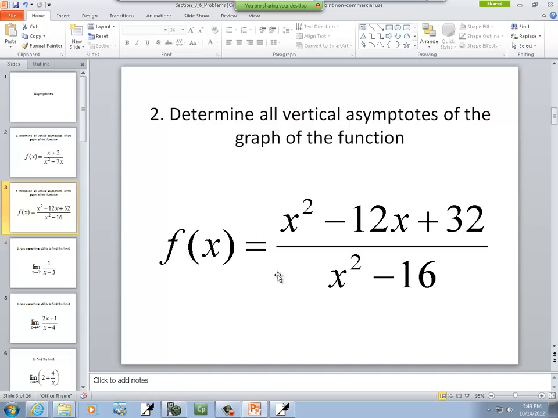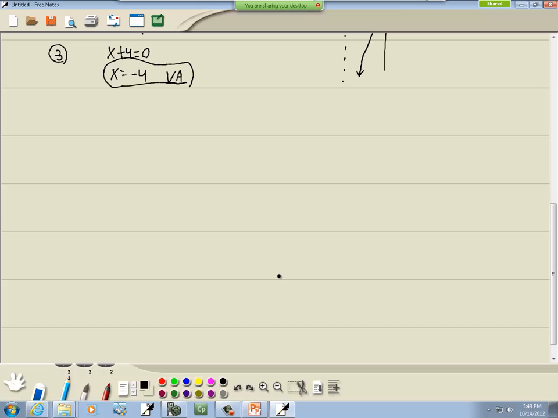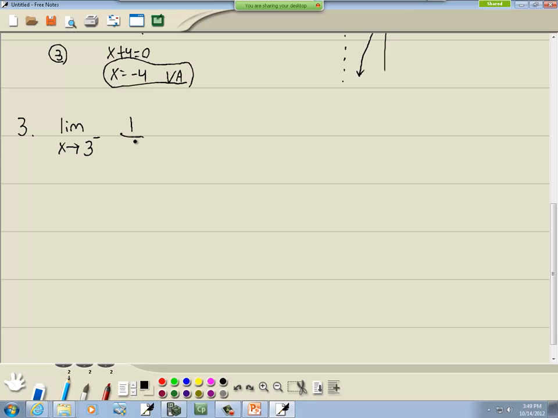Let's look at our third example. The limit as x goes to 3, looks like a minus power, of 1 over x minus 3.